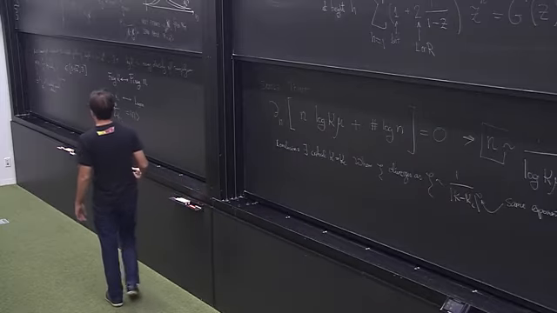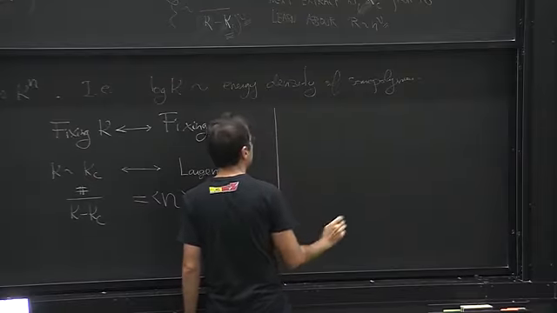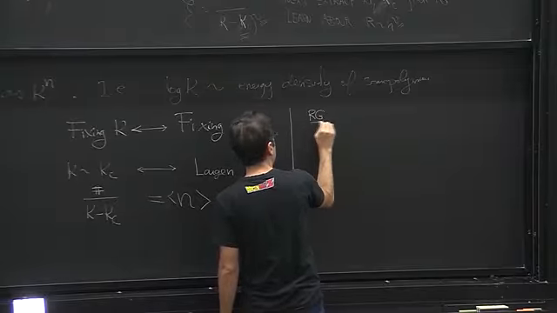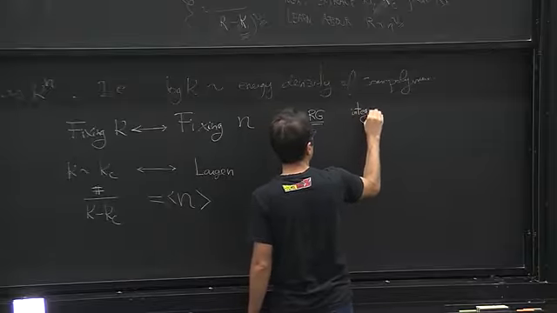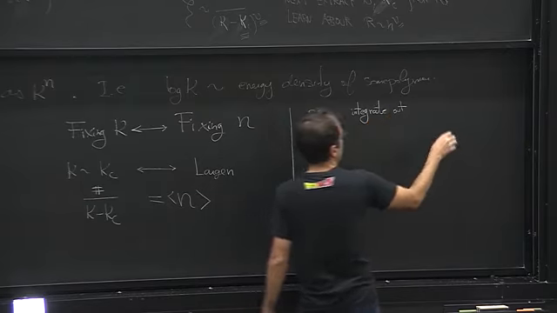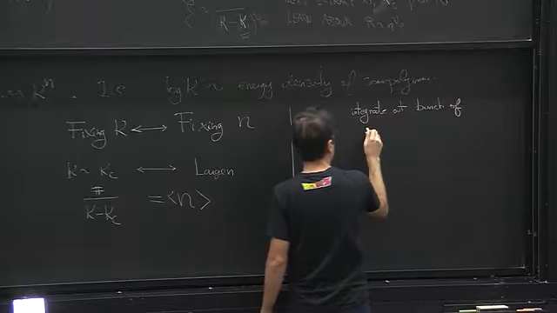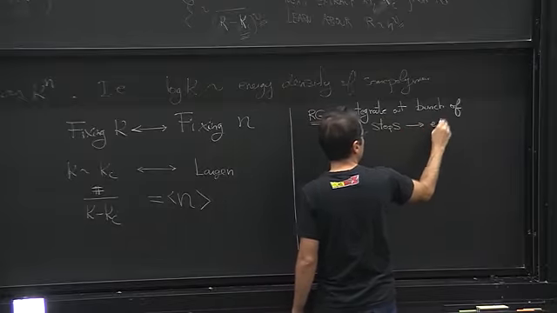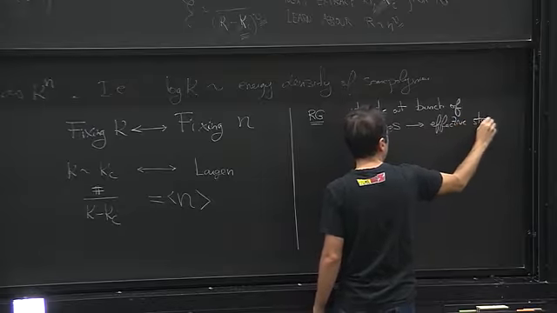Right. So now the idea is we will do RG. Namely, we will try to integrate out a bunch of steps. So what we do is we integrate out a bunch of steps and we reduce this to some effective step.